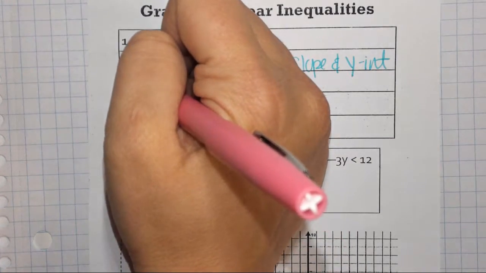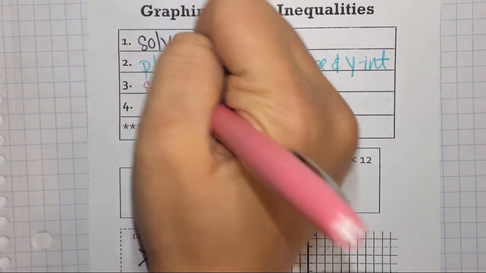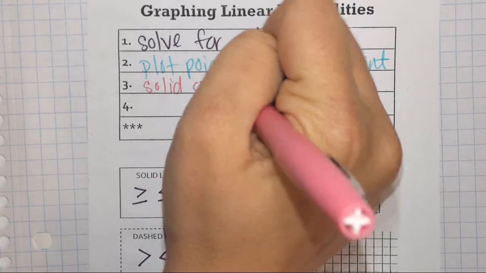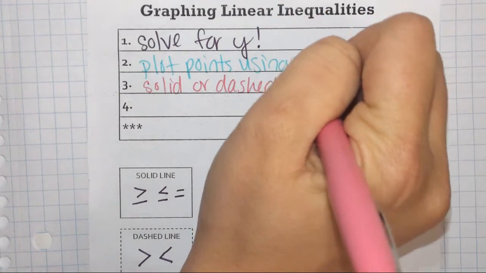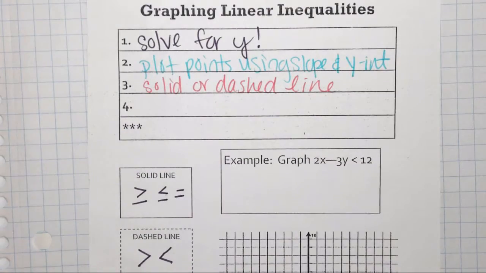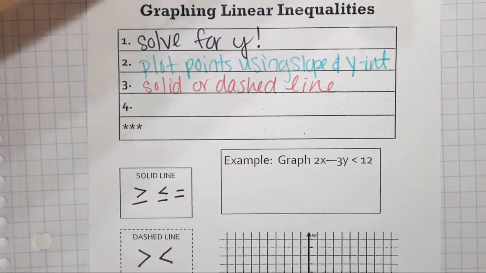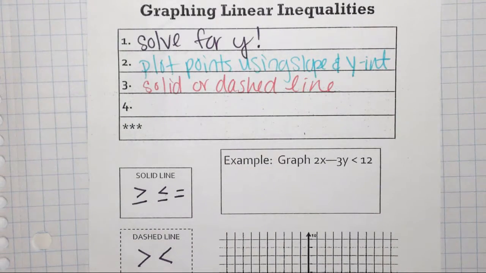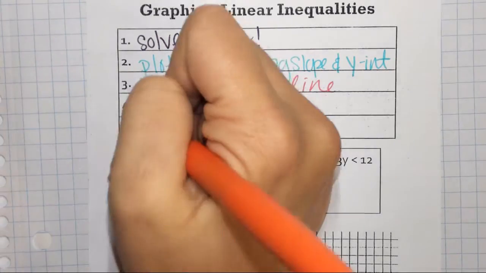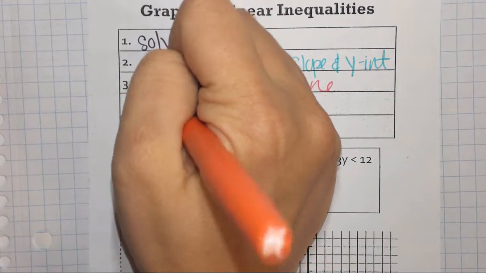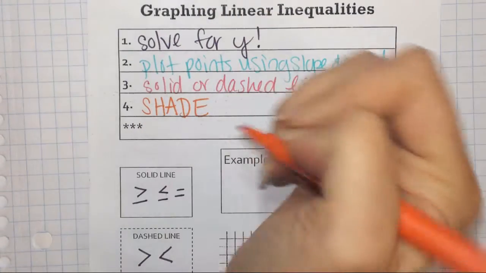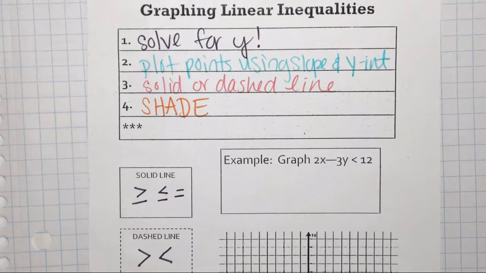Next, you have either a solid or dashed line. And what do you think the final thing we do when we graph an inequality is? Shade. And we get the color, and it's beautiful on these.